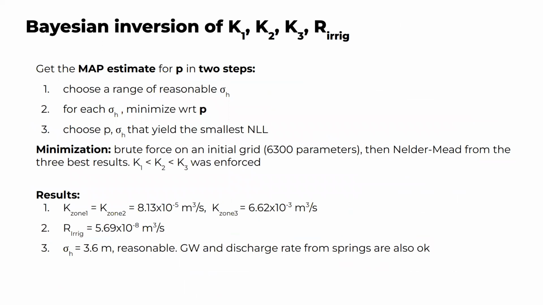Well, actually, we drop those points where the ordering of the K is not okay. But out of the values where we evaluate NLL, I don't remember, we compute the NLL, and then from the best 3 results, we ran the minimizer starting from the best 3 points.